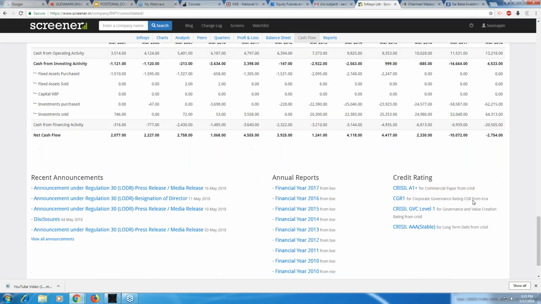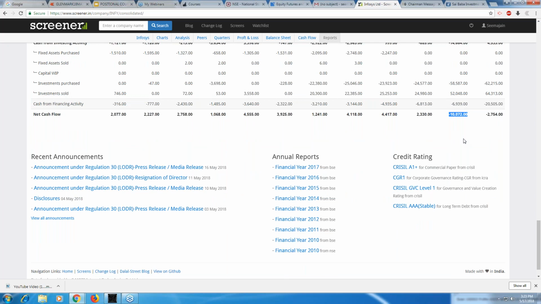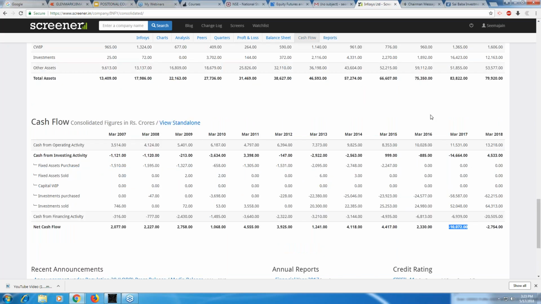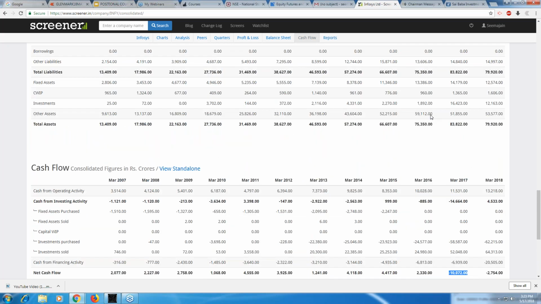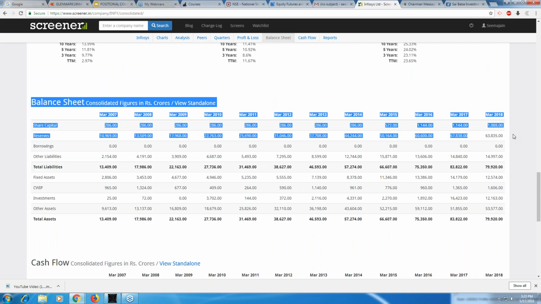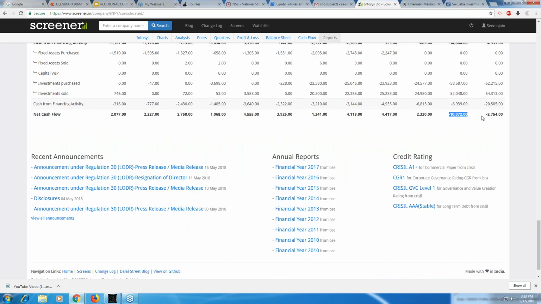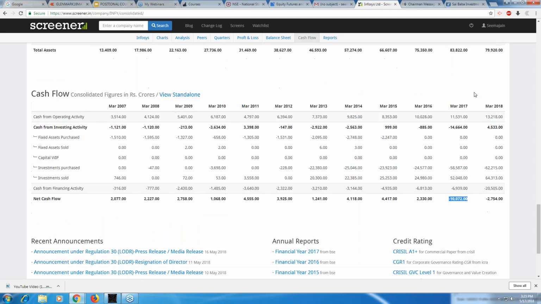So there are huge numbers in negative right now, but the company is cash rich in the form they have huge reserves with them, right? So I need to check why there are these two negative huge numbers. What implication do these numbers have, right? I'm not sure about it, but I need to check. You people know about it because you understand balance sheets better. I would like to know why these two numbers are negative.